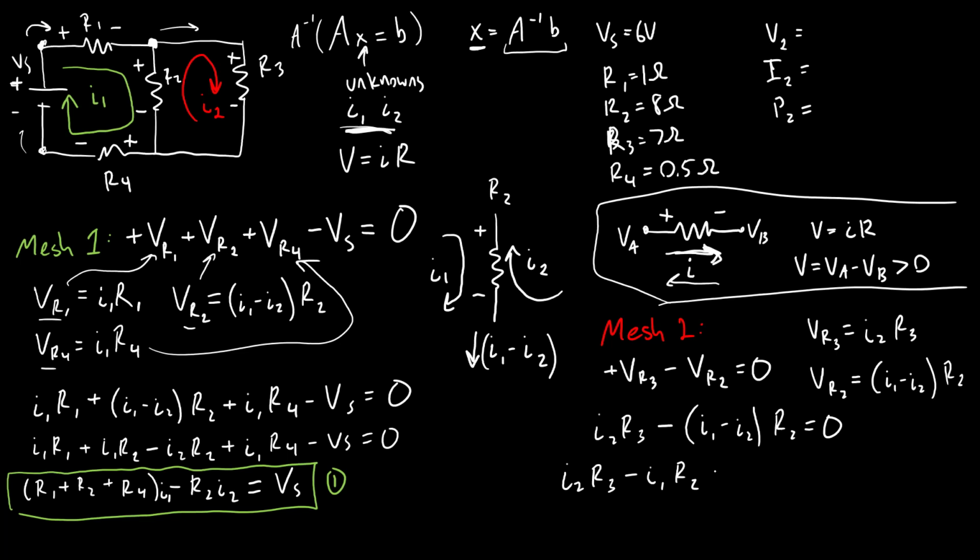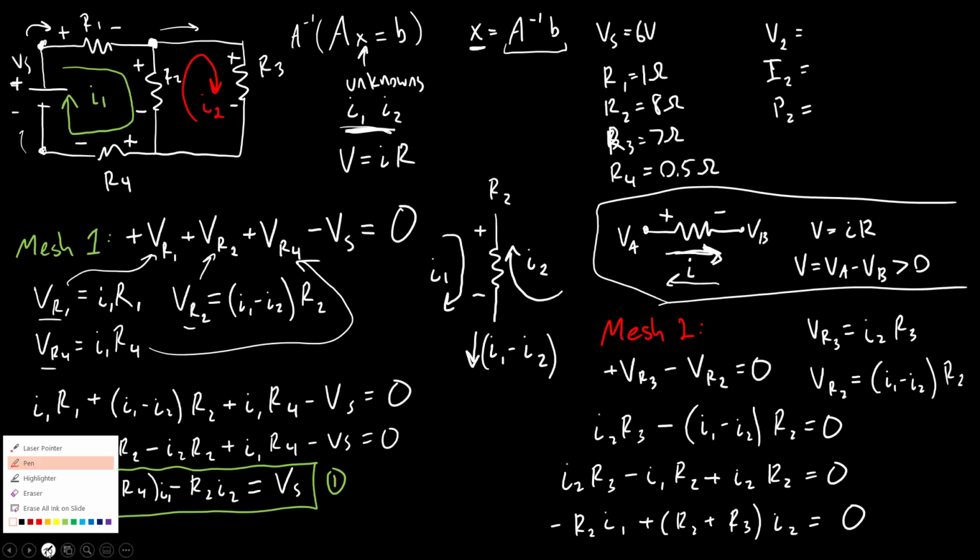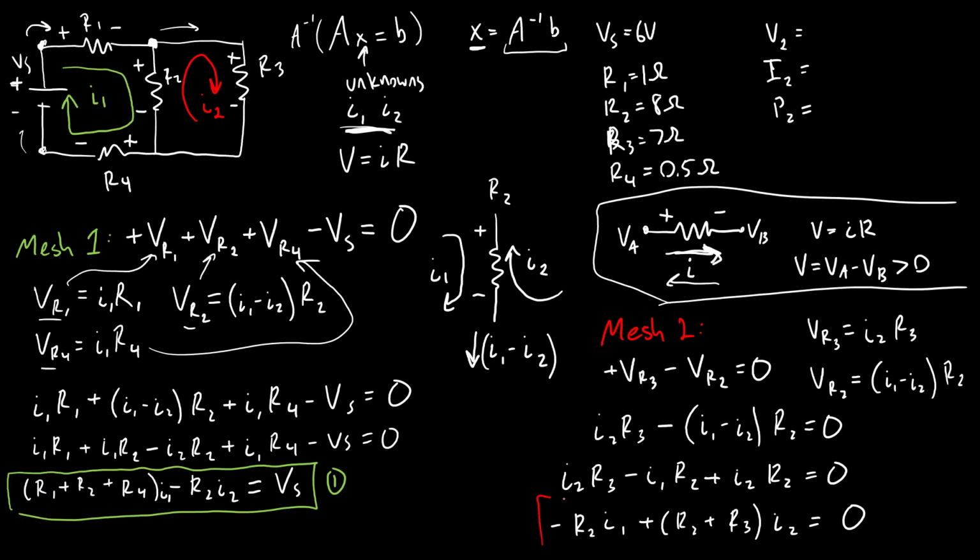Remember to multiply those two negatives, plus I2 R2 equals 0. Now I'm going to collect my terms. That's going to be negative R2 I1 plus R2 plus R3 I2 equals 0. And there is my second equation in my system of equations.